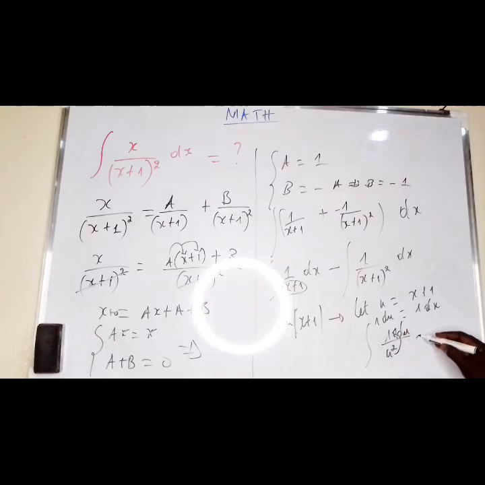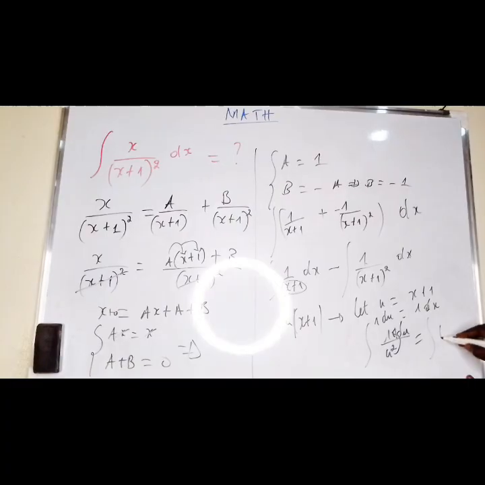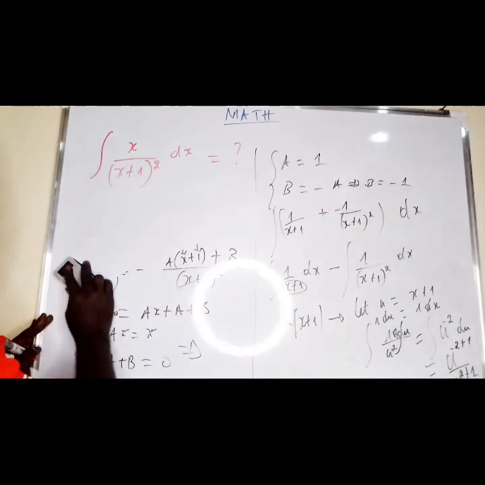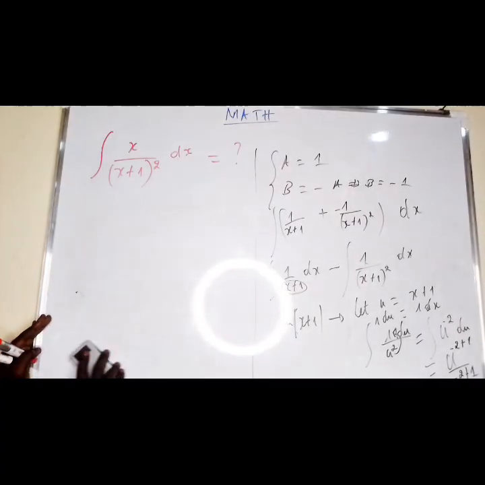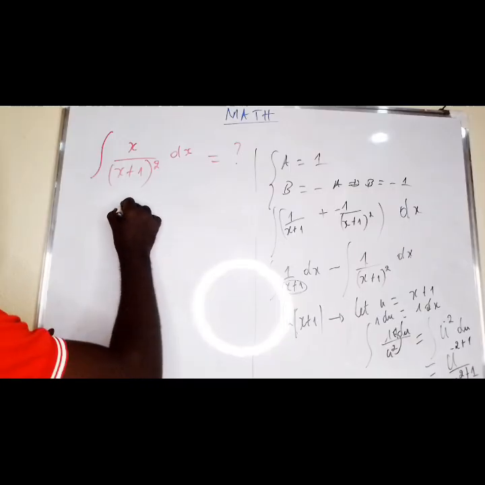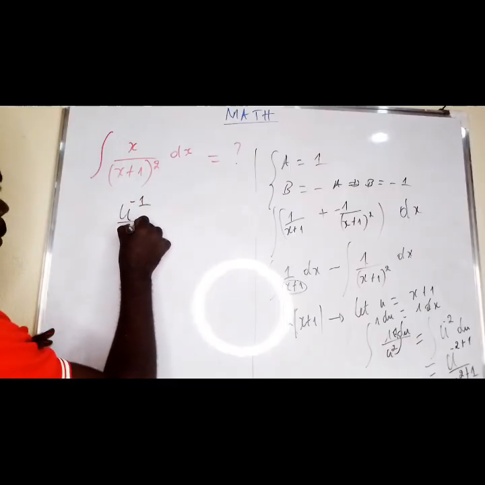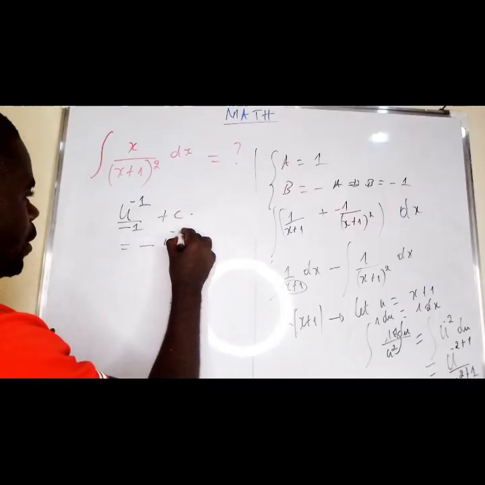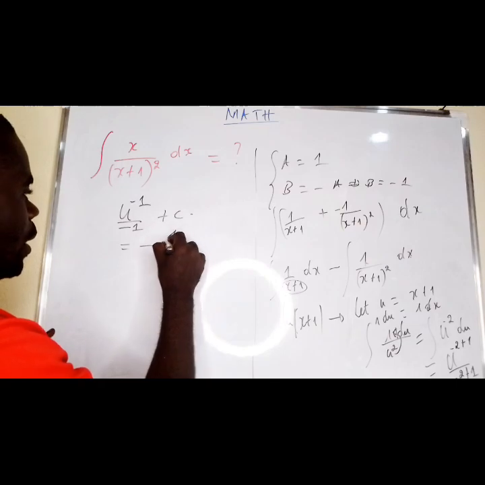This comes up as the integration of u power negative 2 du, which is equal to u power negative 2 plus 1 over negative 2 plus 1. And this is equal to u power negative 1 over negative 1 plus a constant, which is equal to negative u power negative 1, or negative 1 over u.